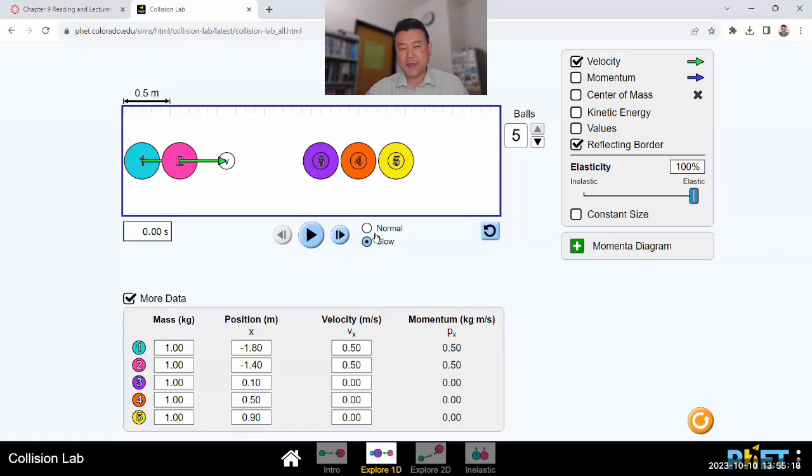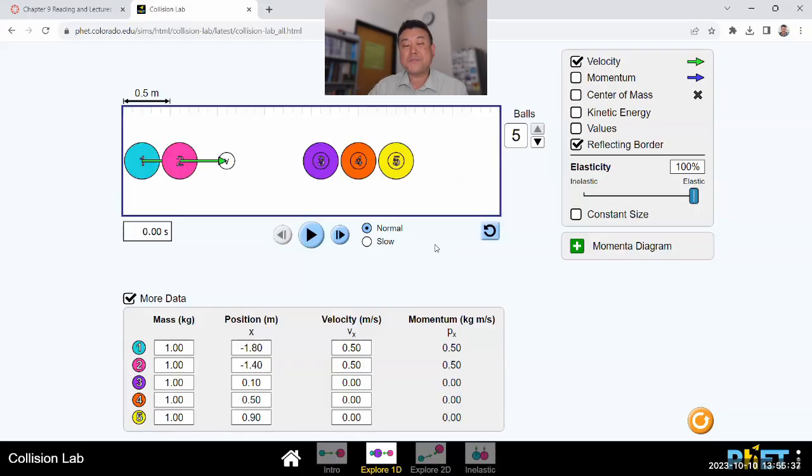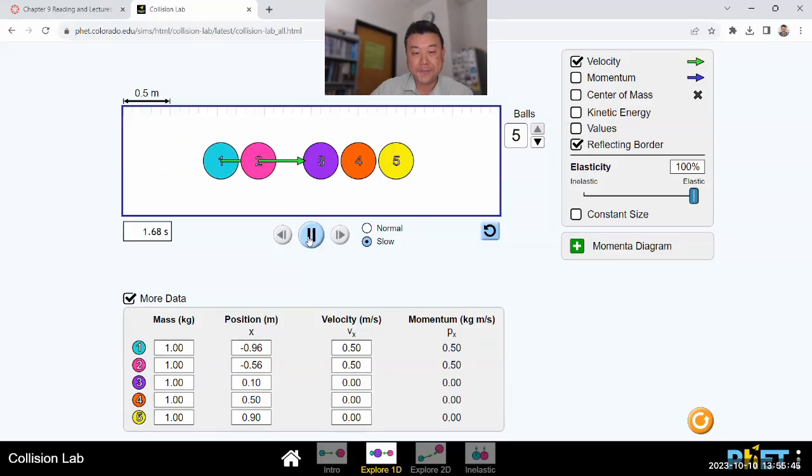Let's first see what happens at normal speed, and then we'll step through one at a time. But kind of the same thing you saw with Newton's cradle happens, or with the other simulation or the real-life object. So let's now step it one frame at a time and try to make sure that we understand all the quick little things that apparently happen.